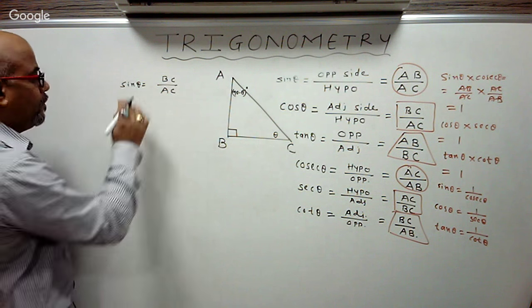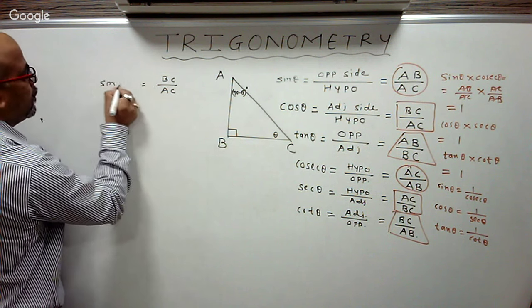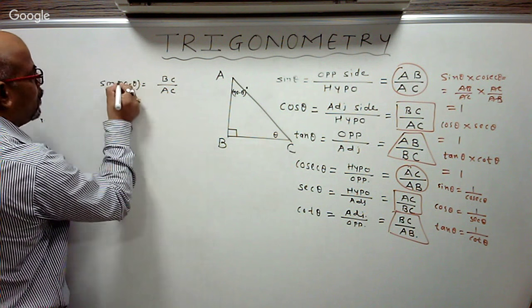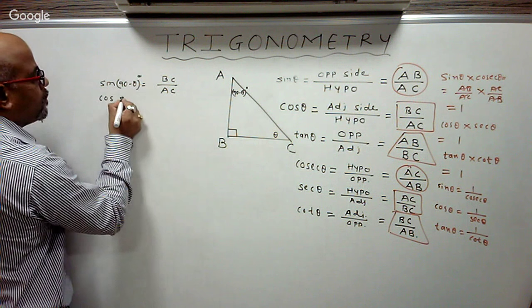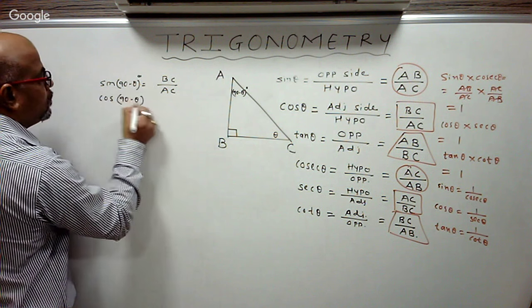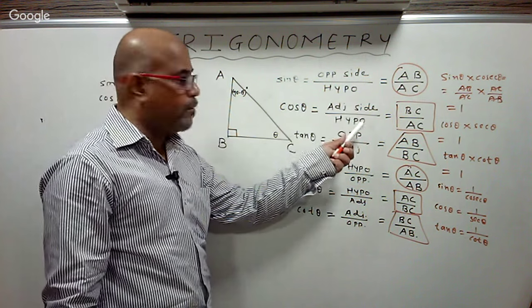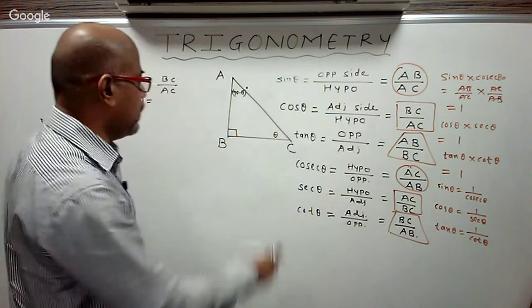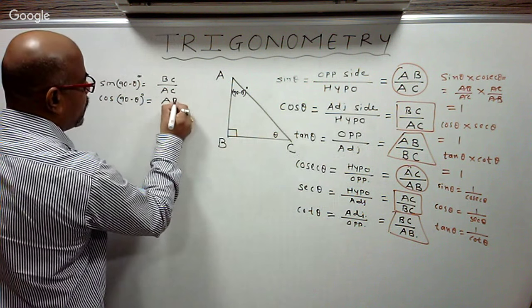We get BC upon AC. So the angle is 90 minus theta, angle A, sin of 90 minus theta. Now for cos of 90 minus theta, what do we get? We know the formula, adjacent side upon hypotenuse, but for 90 minus theta, the adjacent side is AB, and hypotenuse remains the same, AC.